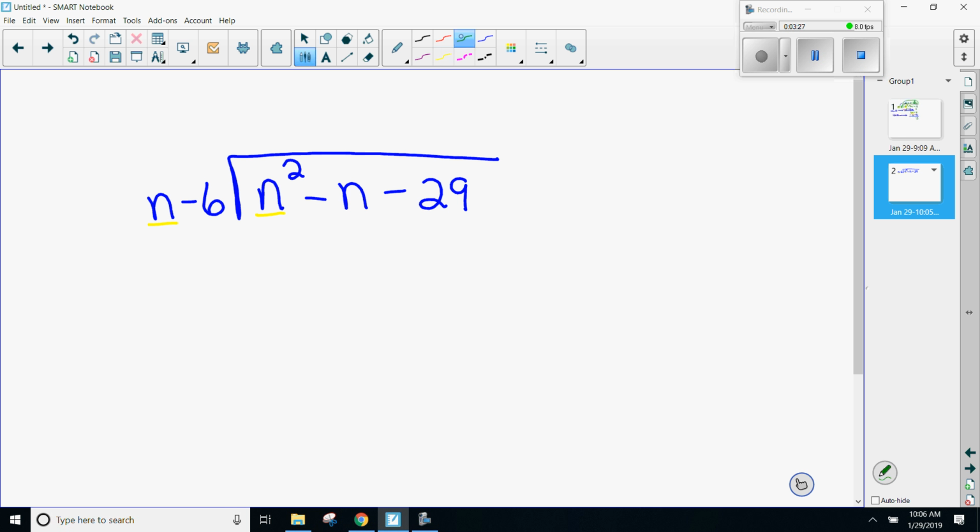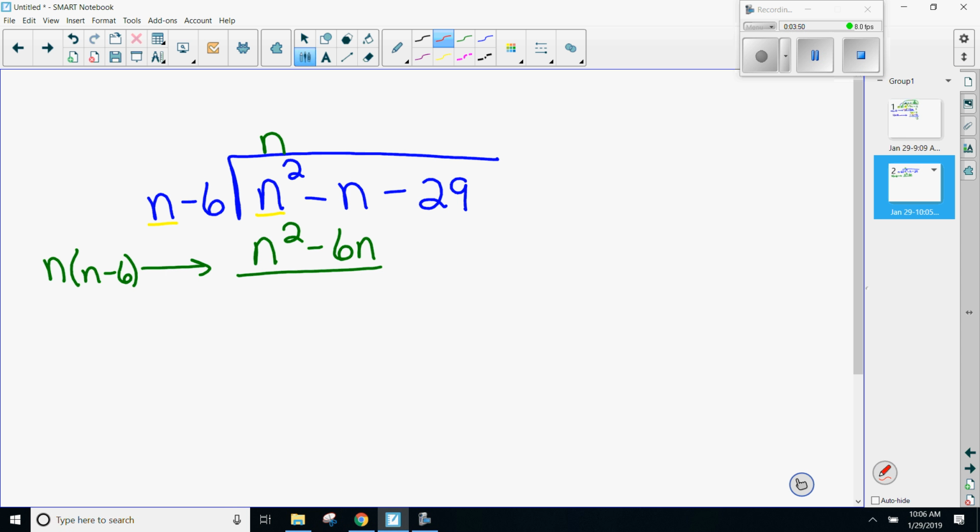N. N times n is n squared. So you have to take n times n minus 6. What do you get when you multiply those two together? N squared minus 6n.